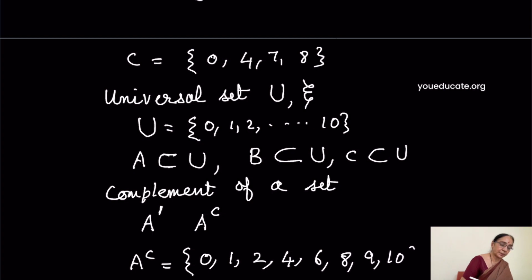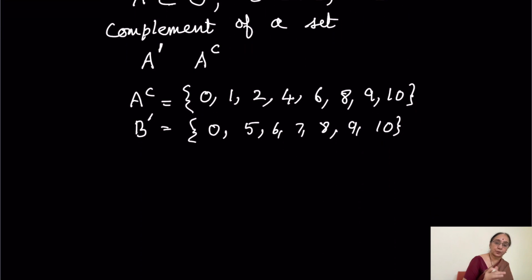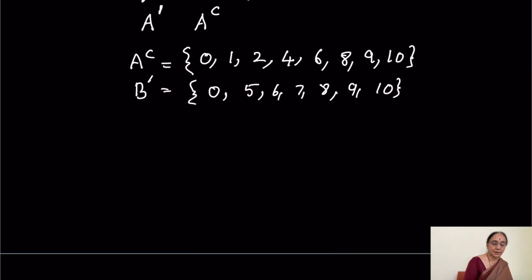This is A complement. What is B complement? I can use the prime, the dash, or I can use C. So B complement will be, I have to remove 1, 2, 3, 4. So 0, then it starts with 5, 6, 7, 8, 9, 10. So A and A complement put together will give you your universal set. B and B complement put together gives you the universal set. So now we have learnt about the complement of a set.